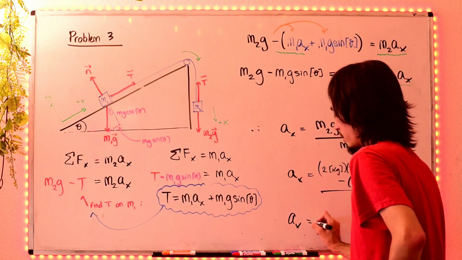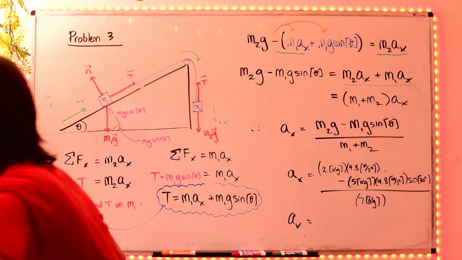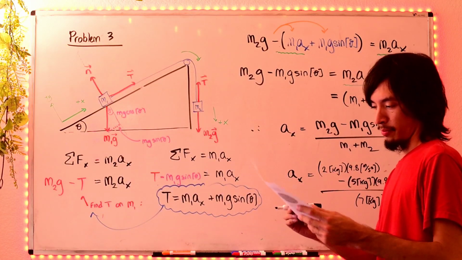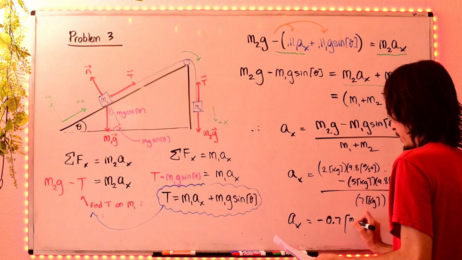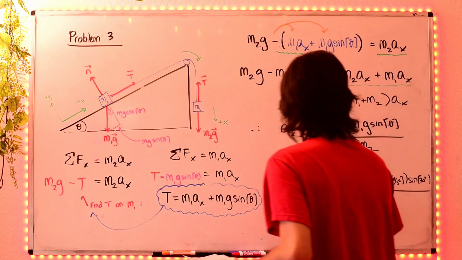And what you'll get for this acceleration is a value of negative 0.7 meters per second squared.